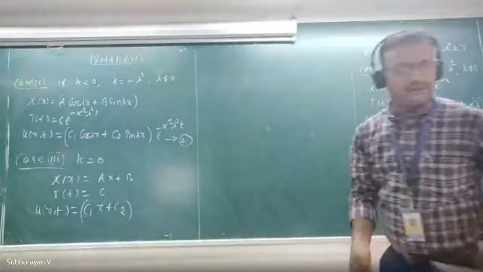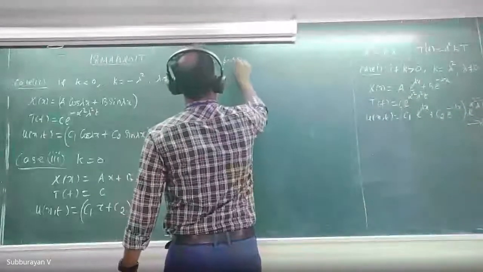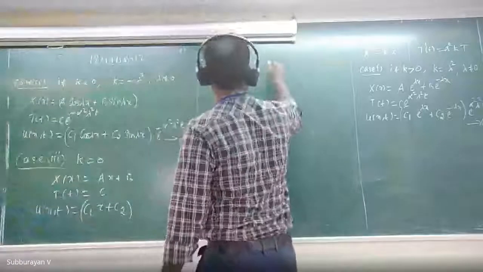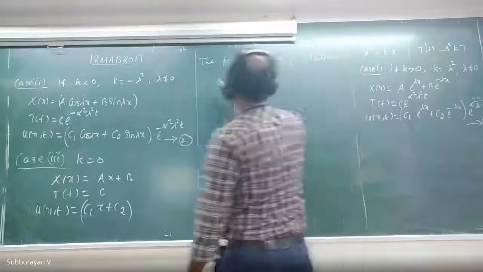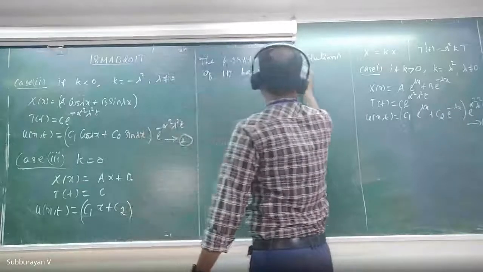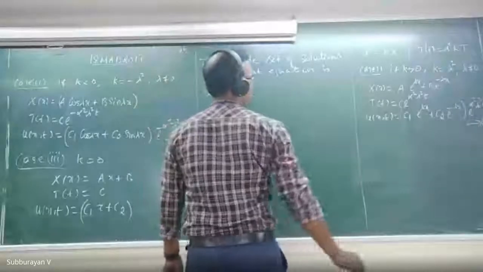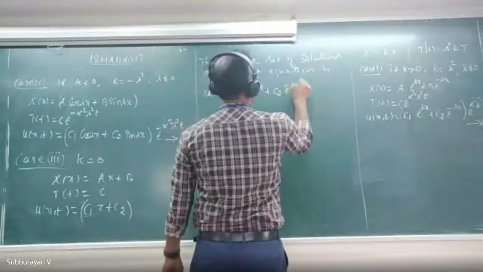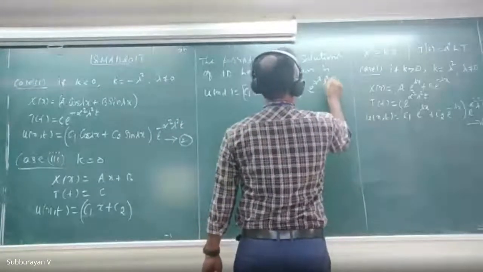Now there are three solutions. The possible set of solutions of the 1D heat equation is u of x comma t equal to (c1 e to the power lambda x plus c2 e to the power minus lambda x) into e to the power alpha square lambda square t.